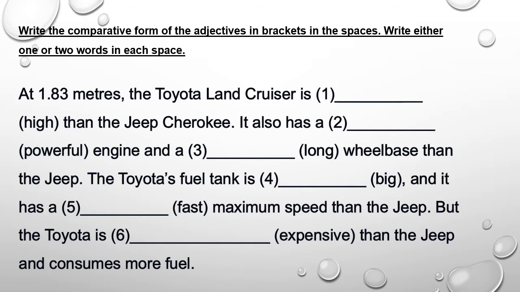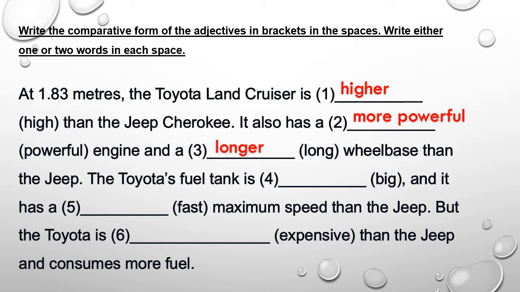Thank you for trying. I hope you got the correct answers. Now I am showing you the answers. At 1.83 meters, the Toyota Land Cruiser is higher than the Jeep Cherokee. It also has a more powerful engine and a longer wheelbase than the Jeep.